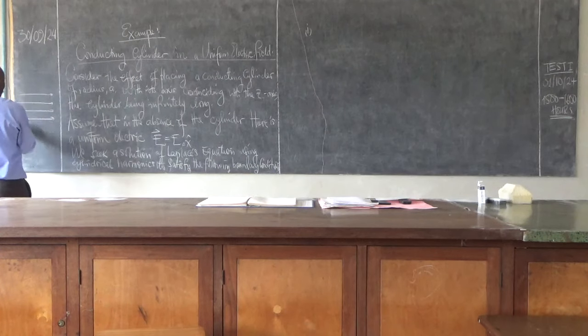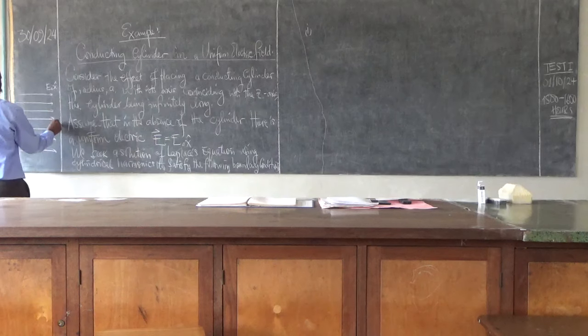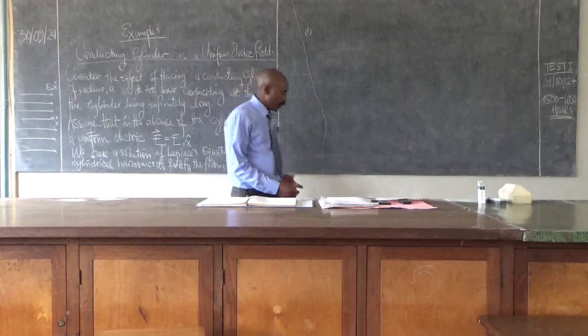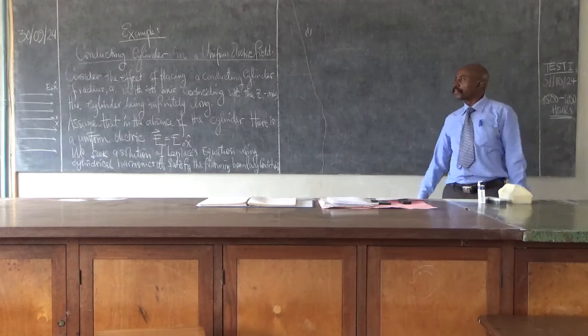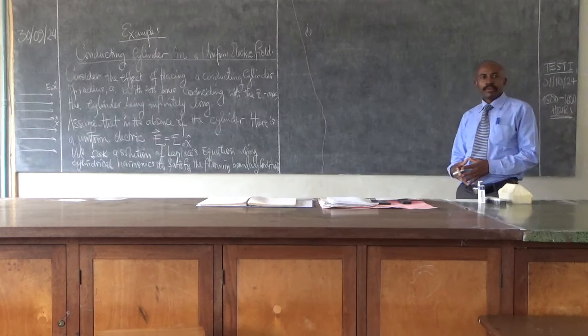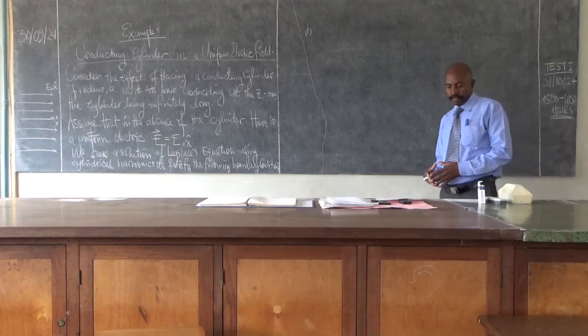This is our field here, everywhere, and it is E naught in the X direction. Then we inserted the conducting cylinder. So the first thing is to understand how the field will be away from the cylinder.